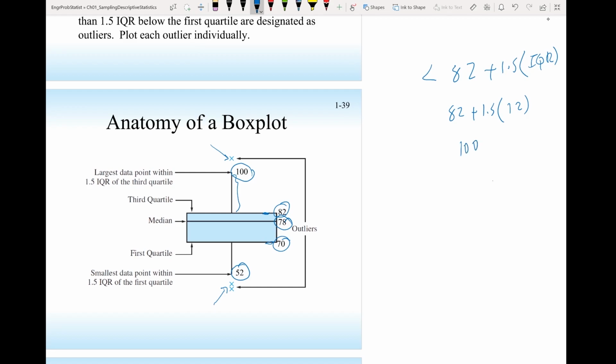But let's say in the sample you don't have 100, you have 92. Then you don't draw this to 100, you draw it to the maximum data point in the sample, which in this case is 92. Just make sure you draw it only to the maximum data point, and the same thing for the minimum data point. If in the sample the minimum data point is 60, then this should go to 60, not to 52.